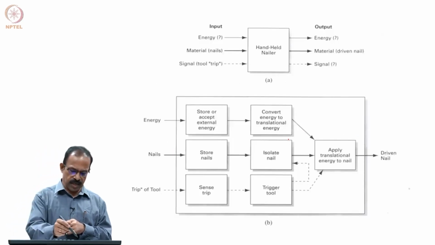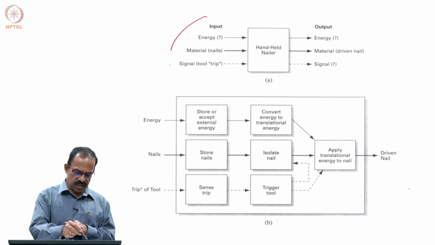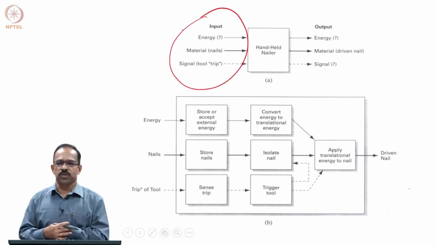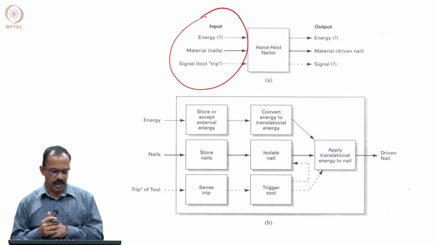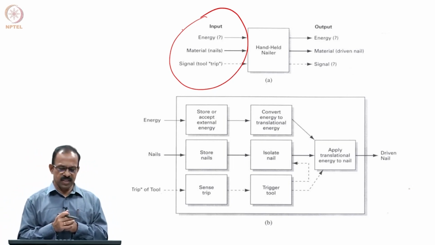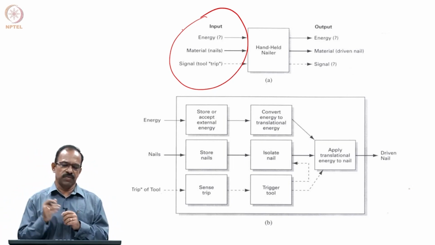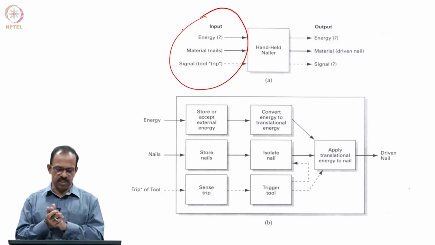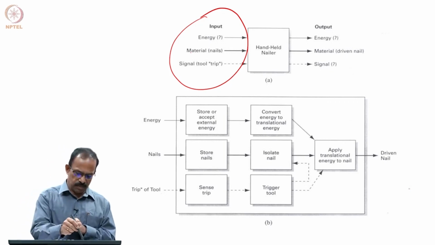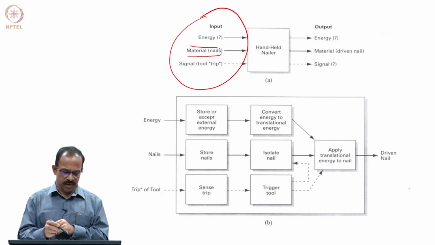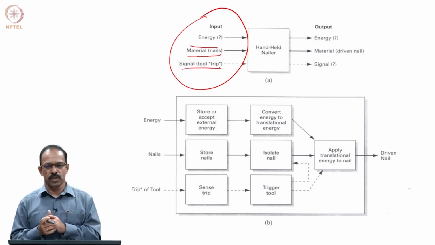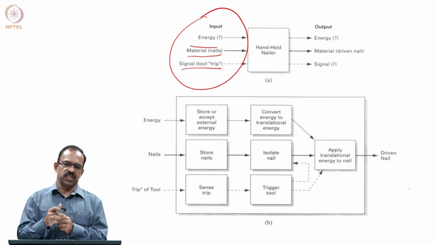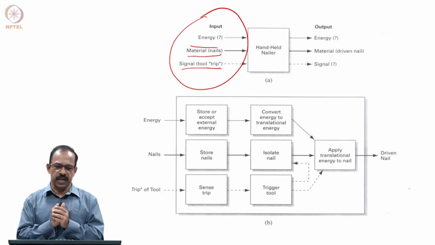For example, if you look at the nailer, these are the inputs: energy, material, and signal. The energy is electrical energy, if electrically operated, plus the manual energy. Then you have the material, that is the nails going inside, and the signal is whether the tool is tripping or touching, that kind of information that you are getting.